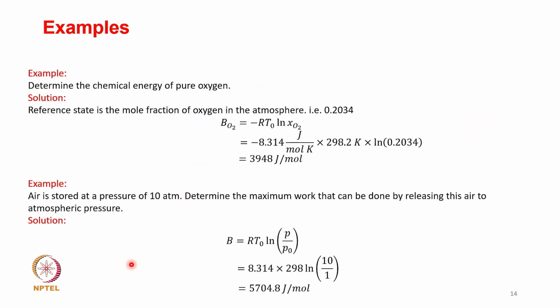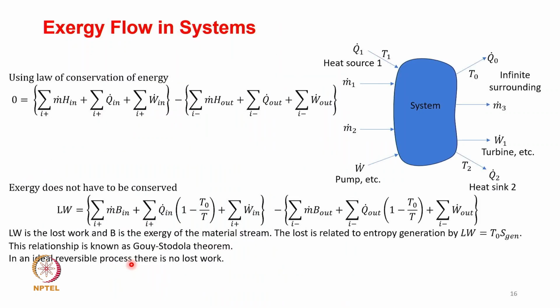Now, look at a larger case where we have exergy flows of systems. In this context, we consider a system, and you have a heat source and a heat sink. Q1 is coming in, Q2 is going out, and of course work is being given and work is being extracted. There are components coming in, heat is being lost, and so on. So it's a general process condition wherein you have almost all such scenarios accounted for.